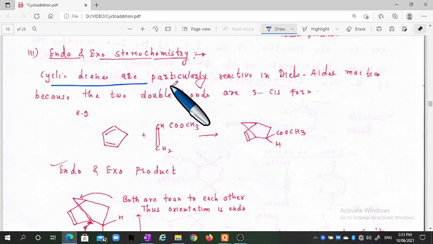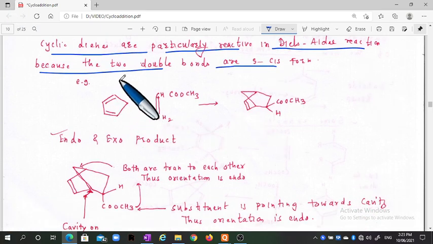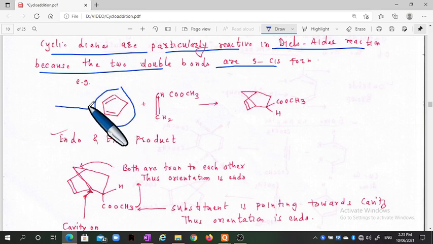Cyclic dienes are particularly reactive in the Diels-Alder reaction because the two double bonds are cis in form. Always in this cyclic dienophile, if there is a cyclic compound and cyclic dienophile, it is always cis form.